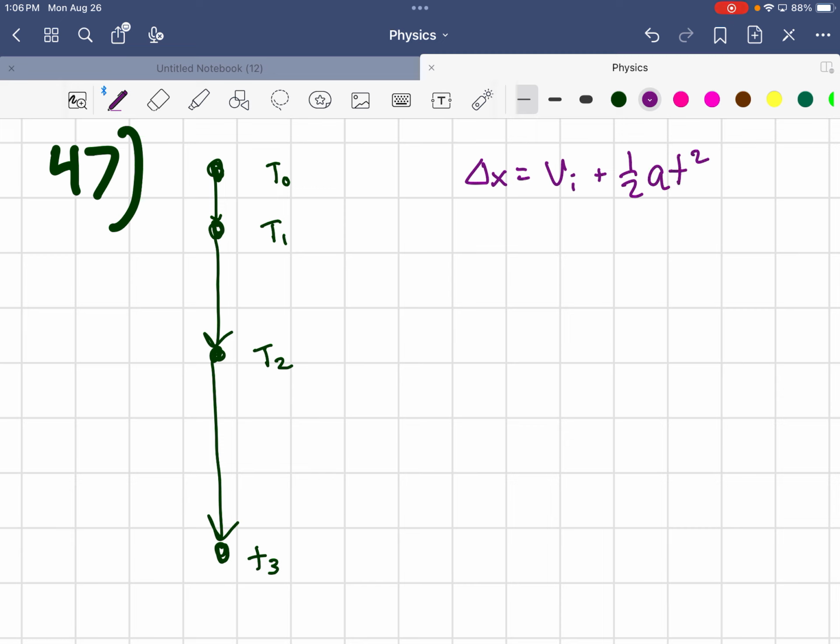Initial velocity times t. Oh yeah, v_i t. There you go. I didn't have my formula sheet in front of me. Sorry. So this is what's on our formula sheet, but we're starting at, somebody took a ball and then dropped it. So what is our initial velocity? 0. So that's going to make our life a lot easier.